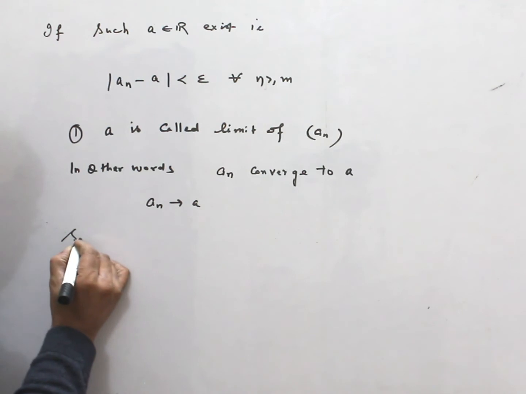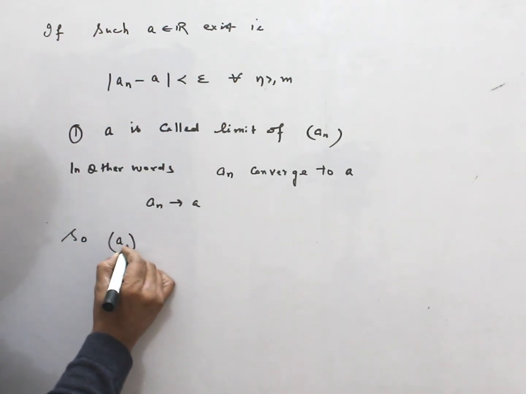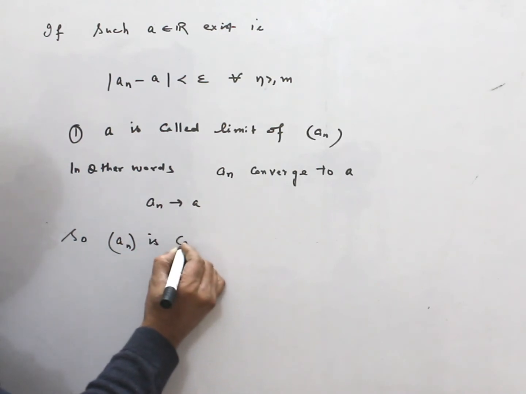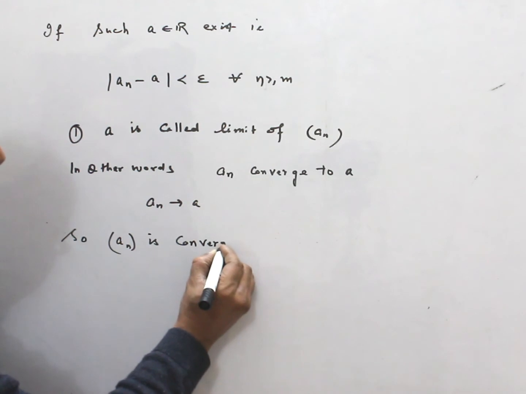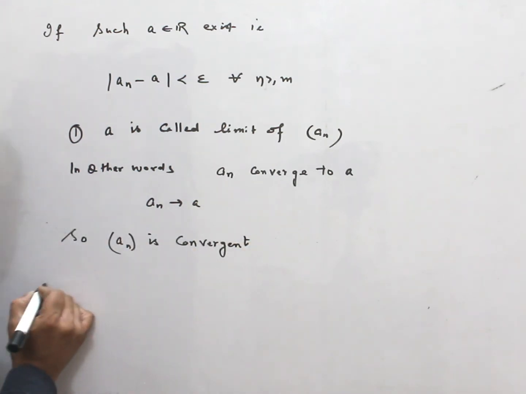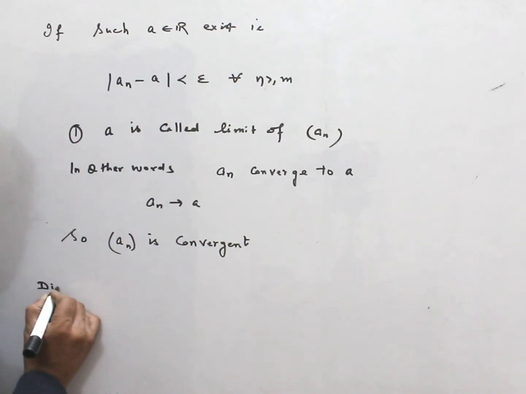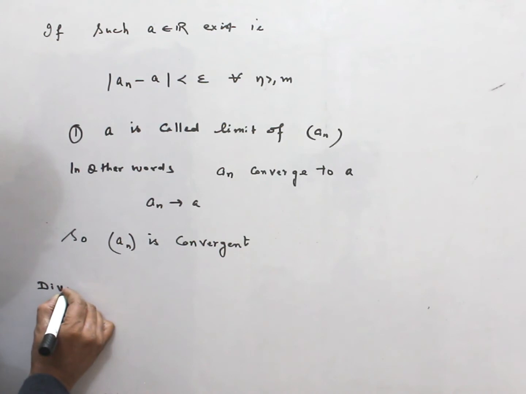So the sequence a_n is convergent, and now one more term comes here, divergent.